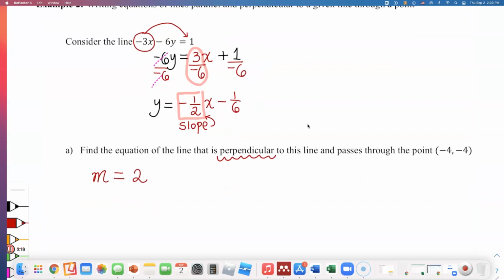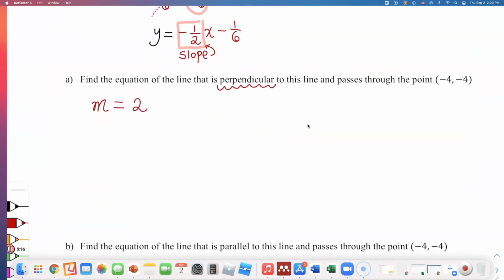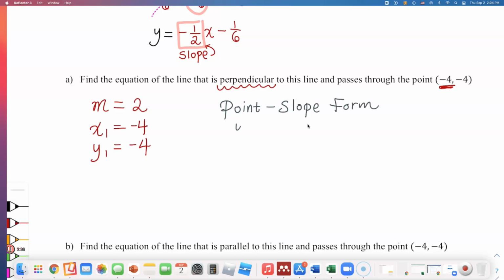Okay, so moving on to the point, they said the x1 is negative 4, and y1 is negative 4. I have all three numbers that I can plug into my point slope form. So here comes point slope form. I'll do y minus y1 equals m times x minus x1.